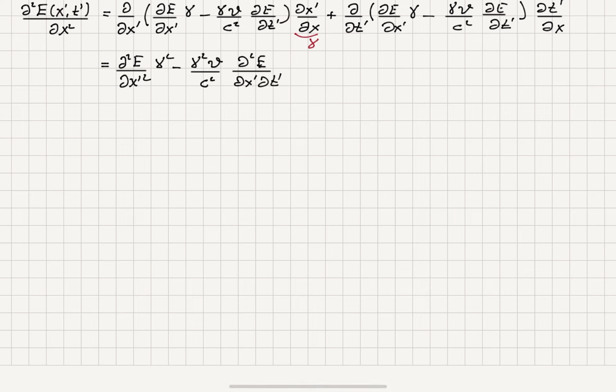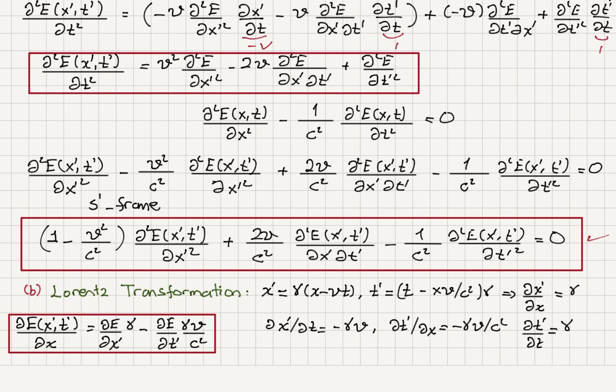Now I move on here. I'm going to have the derivative with respect to t prime of del E del x prime. And then I have this factor here, del t prime del x, which is minus gamma v over c squared.